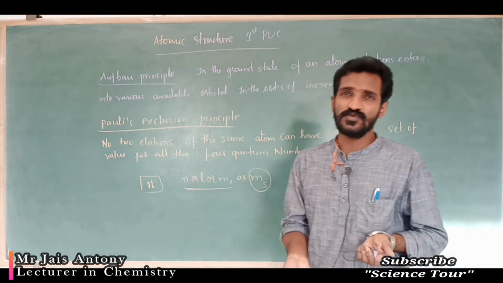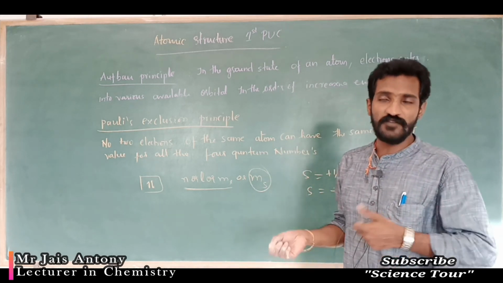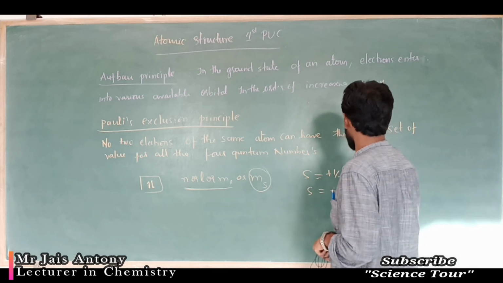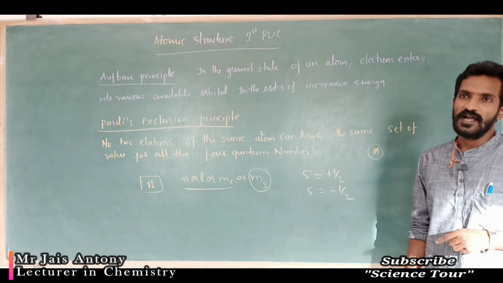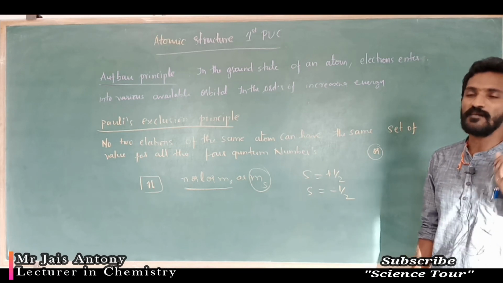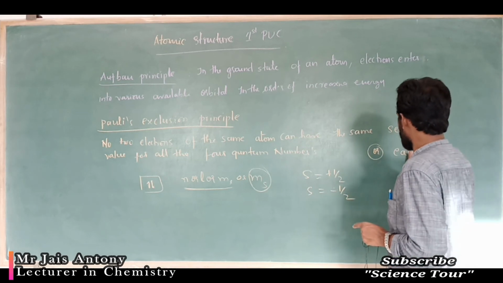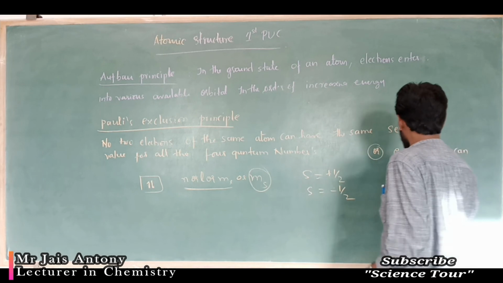And for Pauli's exclusion principle, you can write this definition. This definition has one more definition possible, or you can write this definition. Understood? Each orbital can accommodate maximum 2 electrons with the opposite spin.